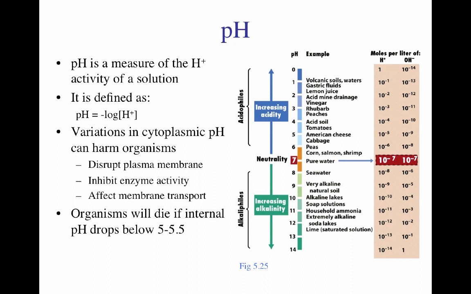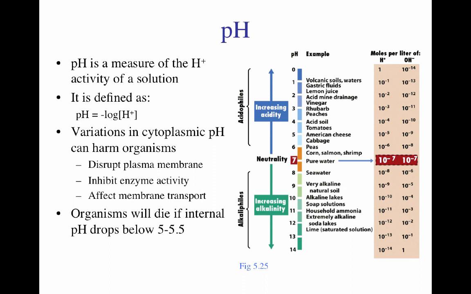So how are organisms then able to live in such a great range of pH? We're going to look at organisms that like living in acidic environments, we call them acidophiles. And organisms that love living in alkaline environments are called alkalophiles. So some organisms, for example, Helicobacter pylori, live happily in the lining of our stomach, which has a pH of between 1 and 2, versus other organisms that live in alkaline soda lakes at a pH of 12.